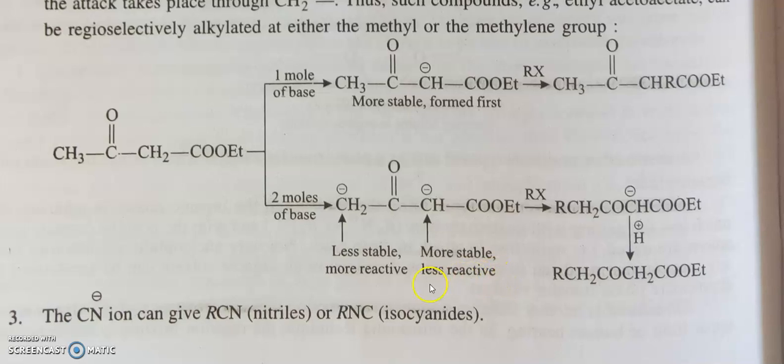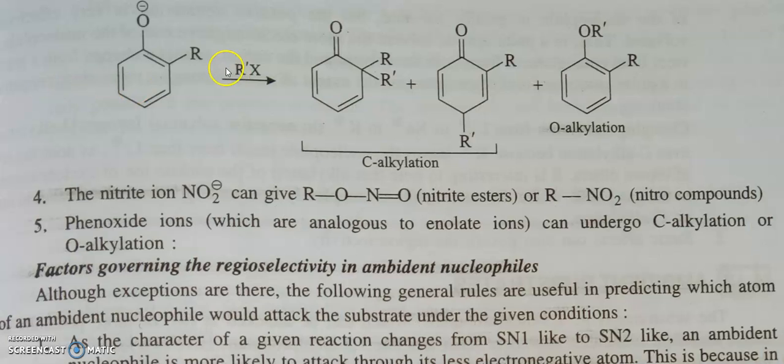Now third, the CN minus ion can give RNC or RCN. RCN means nitrile and RNC means isocyanide. So here you can see this is the benzene, this is alkyl, the O minus reacts with RX forming this product, one this product and one this product.